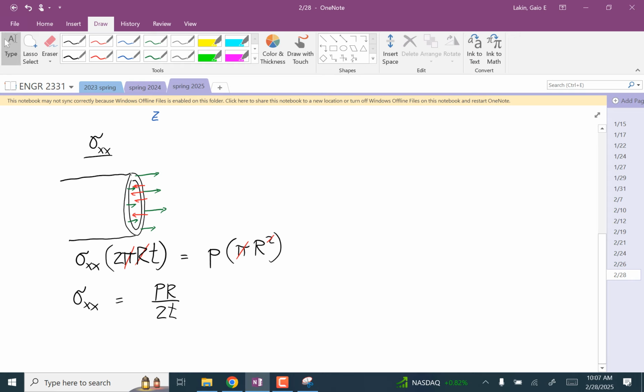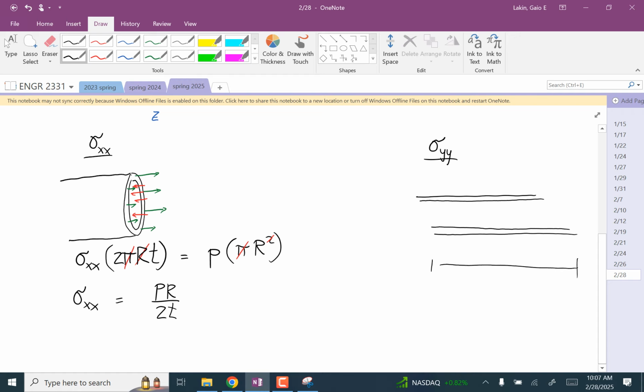And now let's do sigma yy. So this one, we're going to be looking at a length L of this. I just like to draw this to show how awesome I am at drawing 3D shapes.